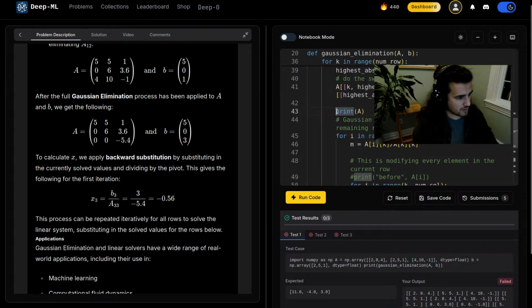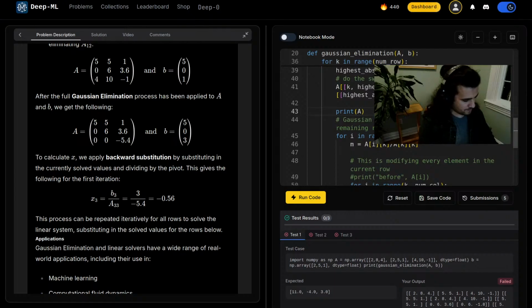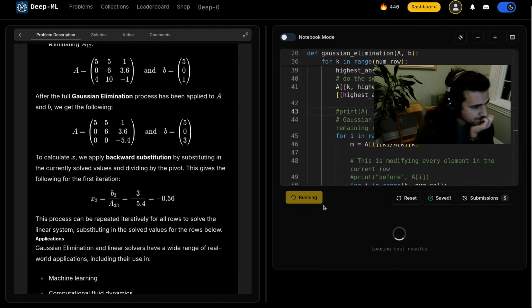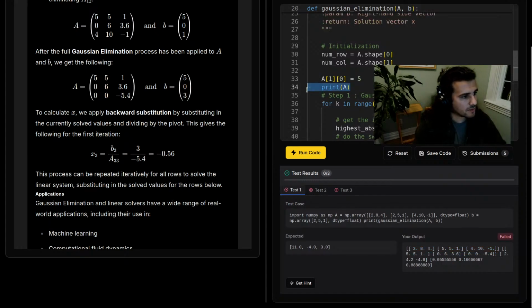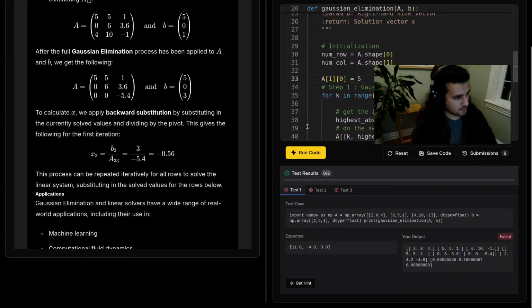I don't need to print A right now. Fine. Okay, that's the first one. Okay, this is good. I know that. I just did this for debugging purposes.